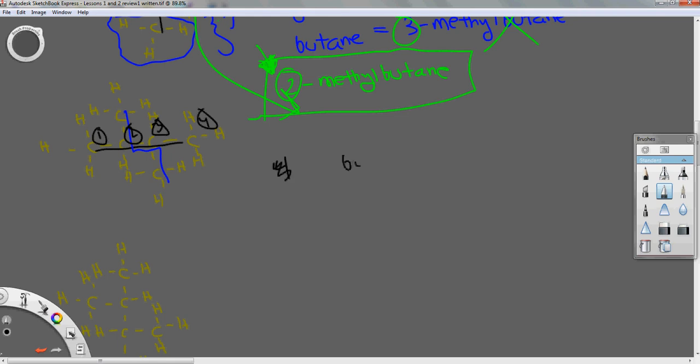4 carbons is butane. Now let's include the branches, which are right here and right here. So it looks like they come off the number 2 and the number 3 carbons. So how do we include both of them?